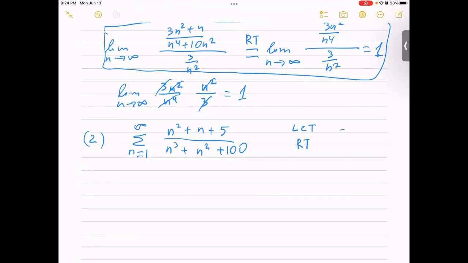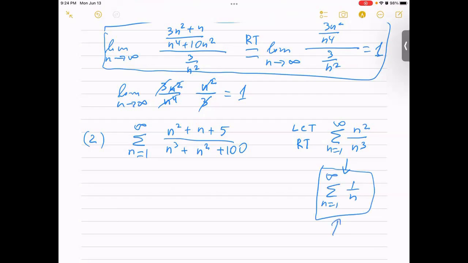For this base series, on top I have n squared, on the bottom I have n cubed. So I will reduce that into 1 over n, from 1 to infinity. My conclusion is that this series is divergent, p equals 1. So my original one is divergent by LCT.